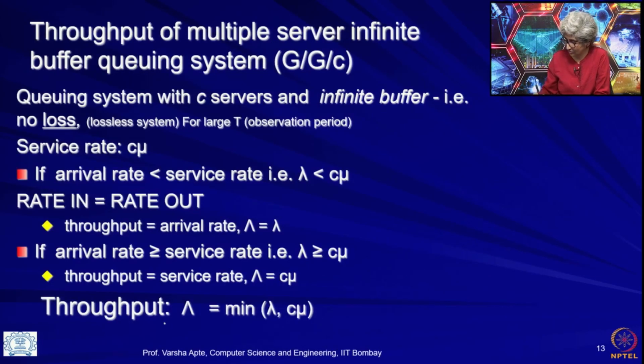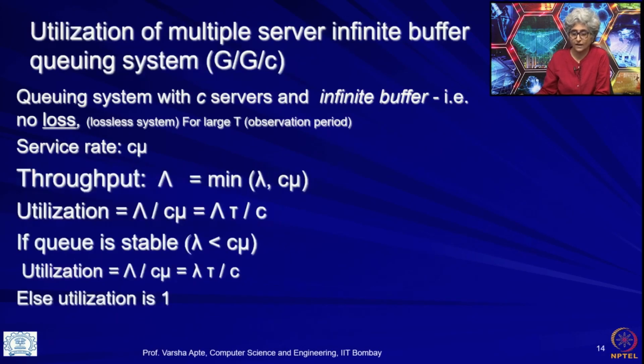This I also just derived: throughput was the minimum of lambda and C mu, and this is about utilization when we have C servers. So, utilization is lambda tau by C if lambda is less than C mu, otherwise utilization is 1 if lambda is greater than or equal to C mu.